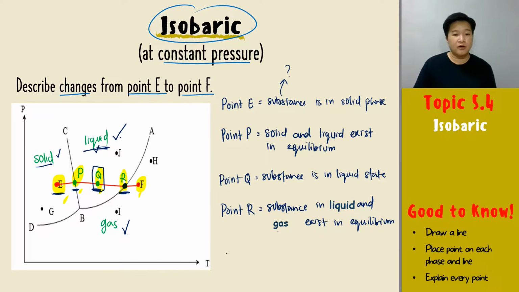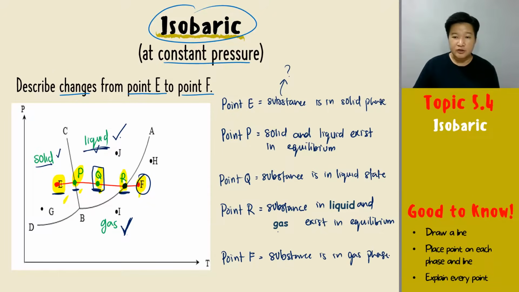Alright, and last but not least, your point F. And you can see over here, your point F is located in the gas area. So just simply write substance is in gas phase. And you are done. That is how we describe the changes from point E to point F. So make sure from the point E to point F, you draw a straight line and then you add in your own extra point that you want to discuss.